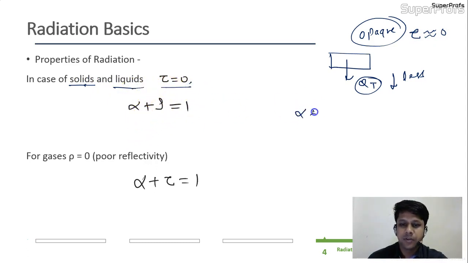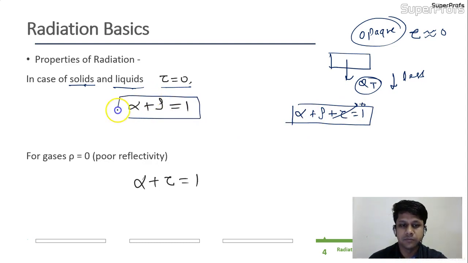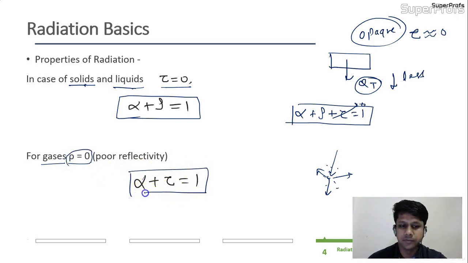So alpha plus rho plus tau is 1, the generalized equation. If tau is 0, alpha plus rho equals 1 for solids and liquids. Now for gases, as you know, gases are very poor reflectors. If there is some gas and some light is coming, this light can easily pass through these air particles. So this will not reflect back, right? So reflectivity is 0, that is rho is 0. So we can write alpha plus tau equal to 1. So this is for gases.